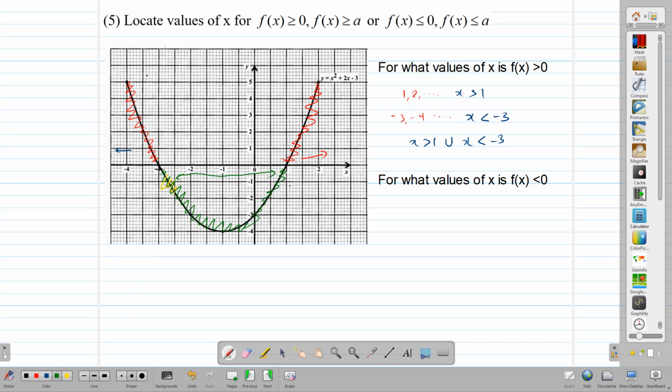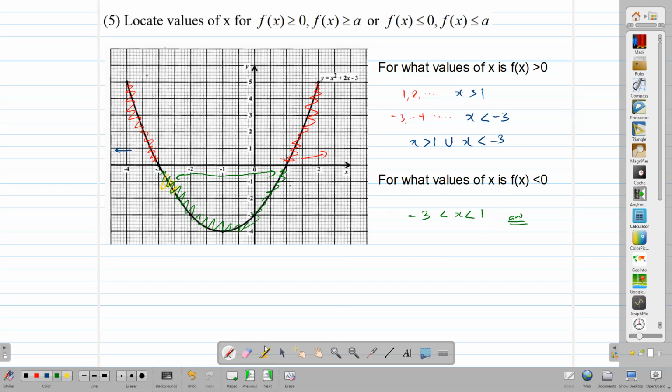So all the numbers between negative 3 and 1 give you a value that is less than 0. So we can write that in an interval format. So we can say the values of x for which f of x is less than 0 start at negative 3, and they go all the way up to positive 1. And this becomes the solution for this.